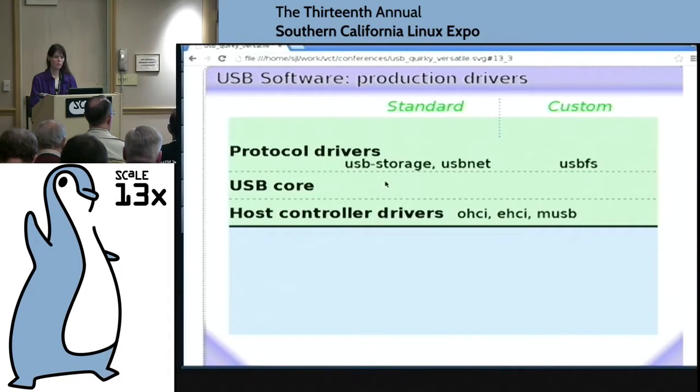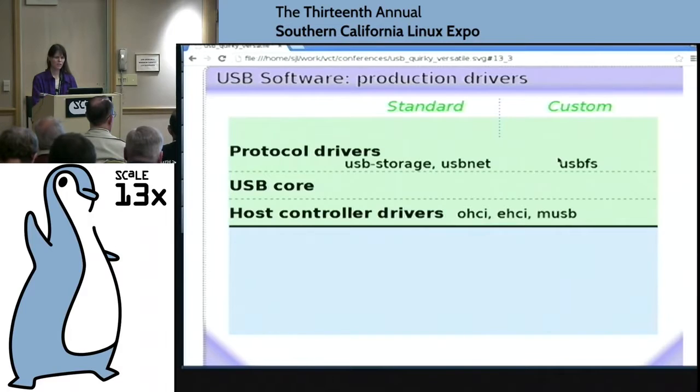But people are free to write their own protocols on USB. There's all kinds of custom stuff that Linux is a great way to take advantage of because they have this generic layer.